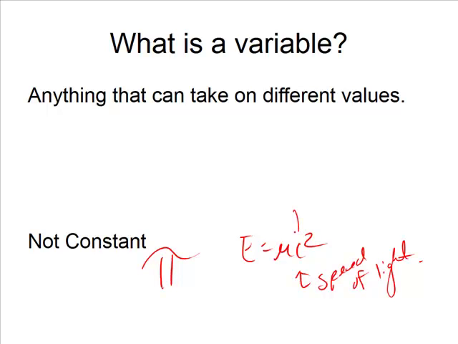But the C is a constant. The M, which is mass, is what? A variable. Because we all have different masses. This is exactly the reason why we wear seat belts.